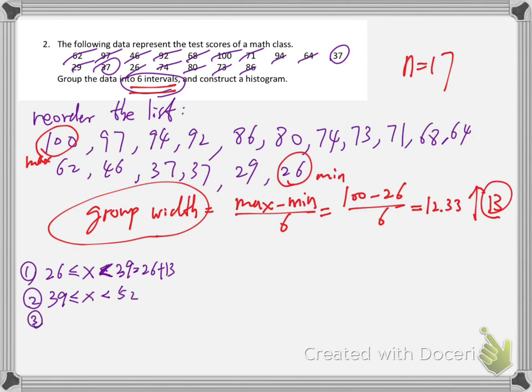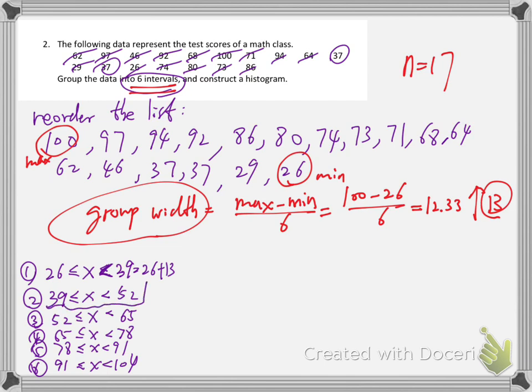And then group 3 is 52 less than or equal to x less than 52 plus 13. 4, 5, and 6, right? So 65 to 78, 78 to 91, and then 91 to 104. So each group has the width or the gap of 13, right? The gap's 13.